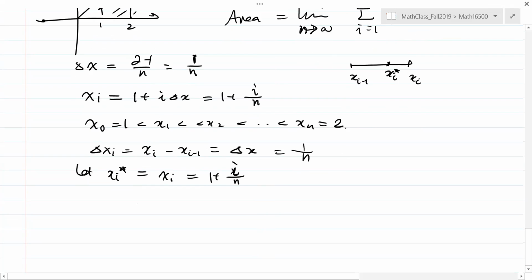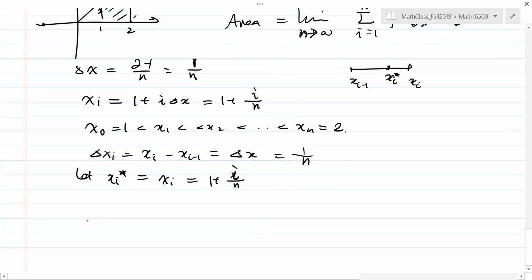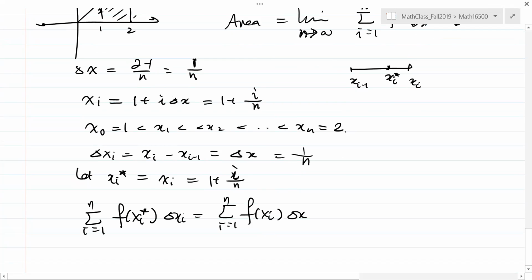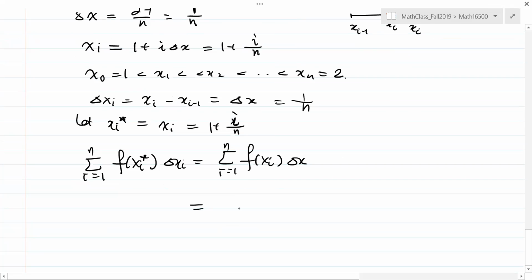So let's look at the Riemann sum. The Riemann sum in this case is the sum of f of x_i star times delta x, and f of x is 2x. So actually it's 2x_i times delta x.